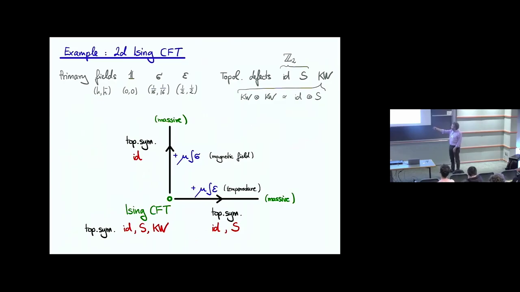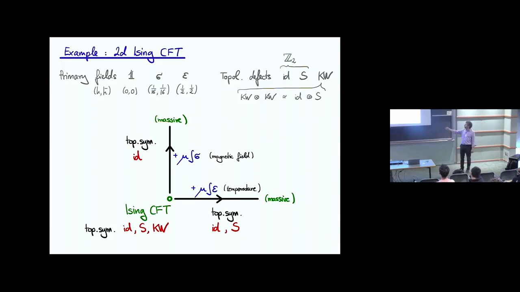I mean, I'm writing plus mu, but I'm not thinking of mu as having a specific sign, so it's sort of really the space of flows generated by this parameter mu. But in any case, you get a massive theory. And sigma is the perturbation which amounts to applying an external magnetic field. And that also pushes your theory out of criticality and flows it into some massive theory.